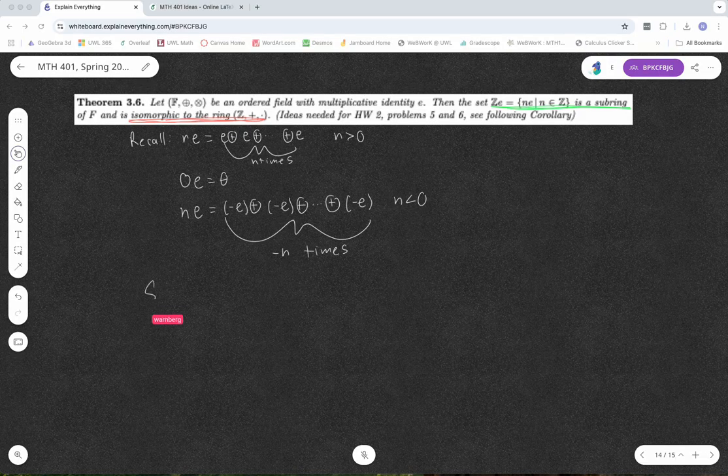All right, we want to show that that's a subring. So for subring, we're going to choose A and B in ZE, and then show that A plus negative B is in ZE, and then A times B is in ZE.